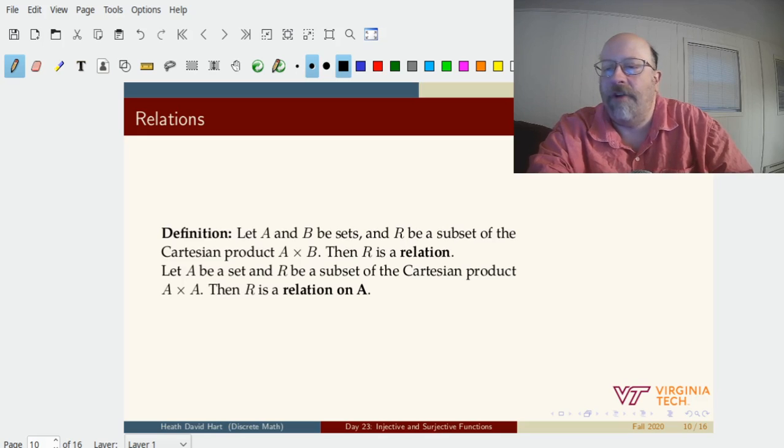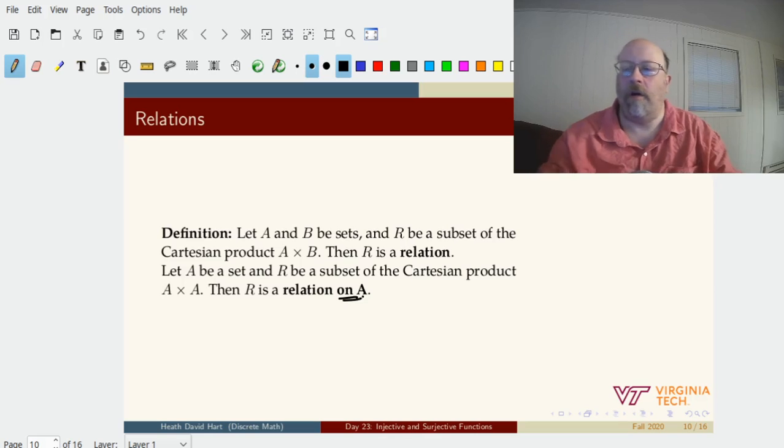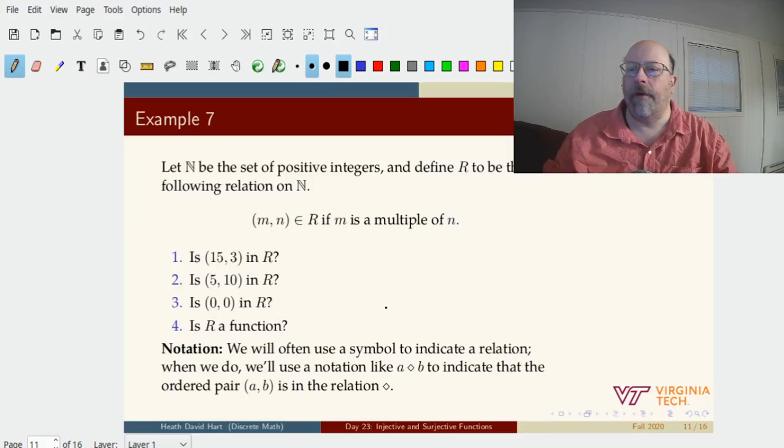It's just a collection of ordered pairs in A cross B. And if I have a subset of the Cartesian product with the same set on both sides, A and A, then we call it a relation on A. So let's look at an example where we have a relation on N. That means both elements of the ordered pair are in N, and the requirement is that m has to be a multiple of n.